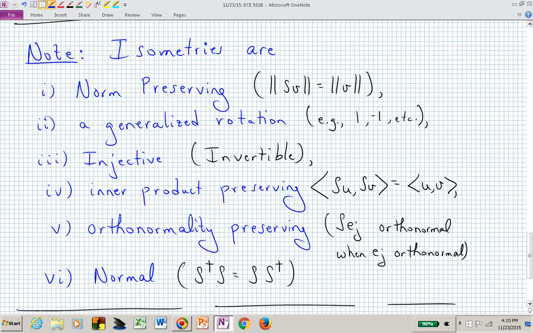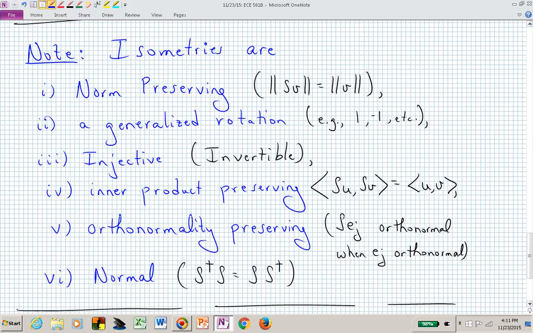It also preserves orthonormality, which means if we have a collection of orthonormal vectors e sub j, then the set of vectors S e sub 1, S e sub 2, up through S e sub n would also be an orthonormal set.